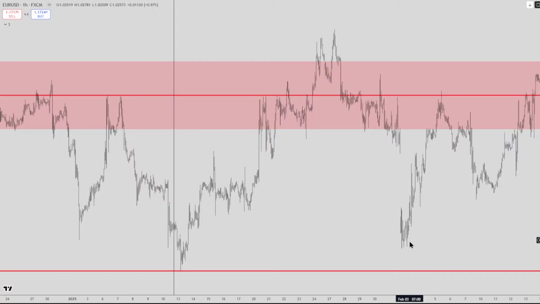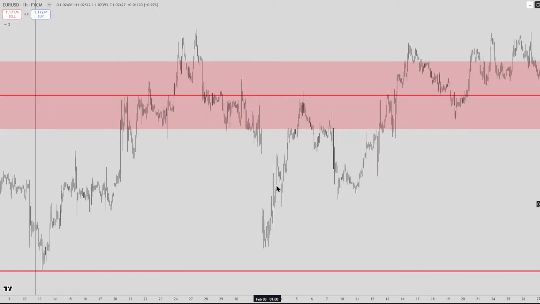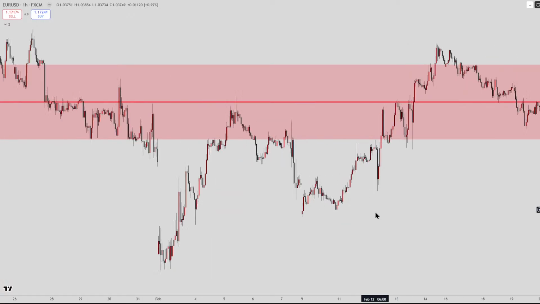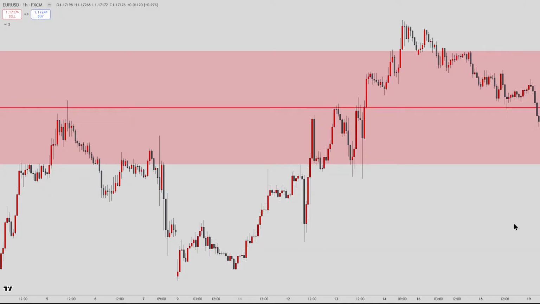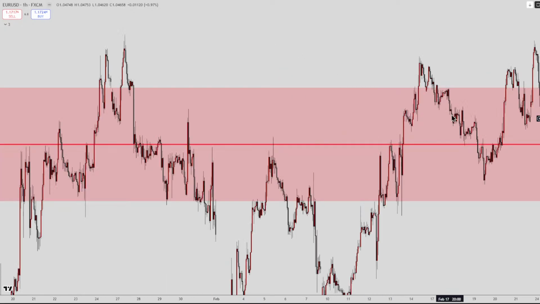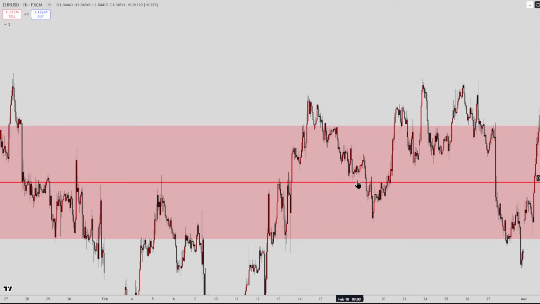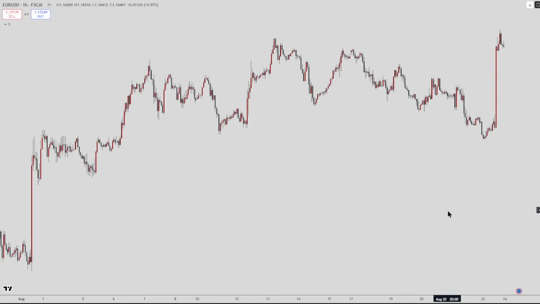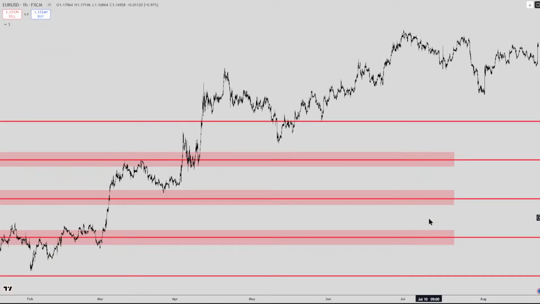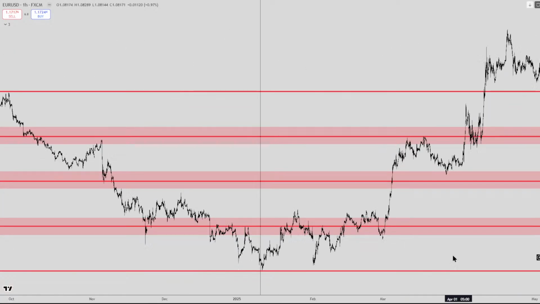Consolidation, sweep out the lows, expansion, consolidation, expansion, again consolidation, take out the low through drives pattern, consolidation, sweeps out the low, expansion, consolidation, sweeps out the low, expansion. So the idea is you're just looking for consolidation within these quadrants.